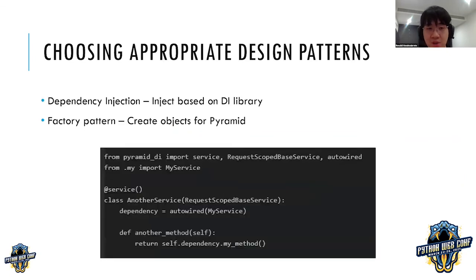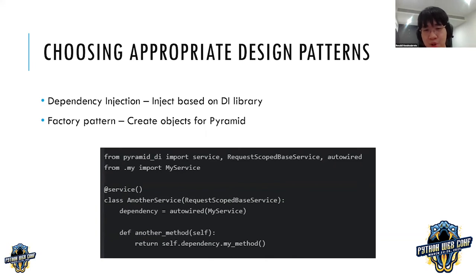It's also important to choose the appropriate design patterns, especially when we're developing on a cloud. Two things I want to mention, because I believe they are important to Pyramid, are dependency injection, which is injecting based on a DI library that is already available for Pyramid, and also the factory pattern to create objects for Pyramid. But I want to mention dependency injection in particular.